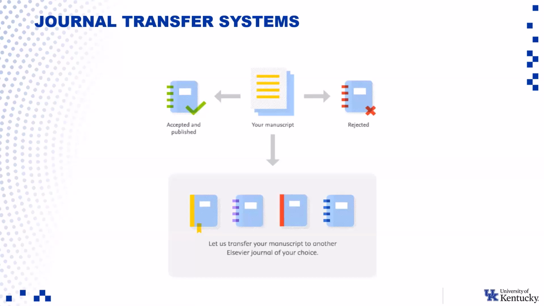Papers get rejected for all kinds of reasons, and it might be that the reviewer thinks it's a great paper, but it just doesn't fit the journal scope. If your journal is part of a journal transfer network, then the editors can refer rejected articles to a suitable journal or another relevant journal within the same publisher.